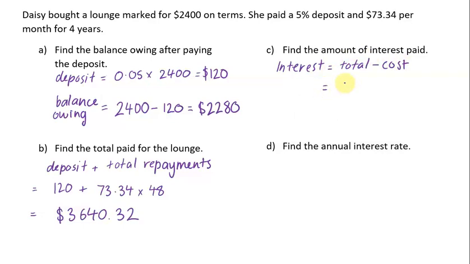So the total amount that Daisy ended up paying was $3,640.32. So the total amount that she paid, $2,400 of that was actually paying off the value of the couch. So if we take away the $2,400 that was paying off the value of the couch, the difference between these two is all interest.